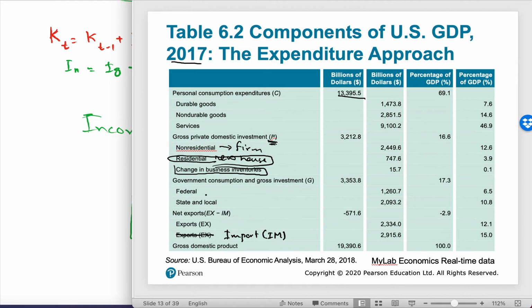And the government spending in the US system, it's a federative system. So some is in Washington, D.C., some by local and state government. Altogether, how much they have spent on developing projects, that is the investment made by the government.